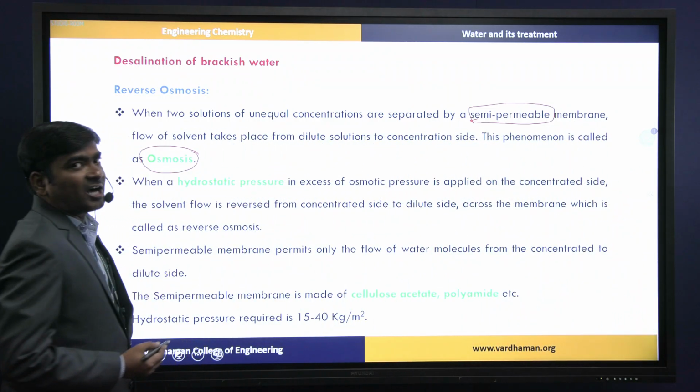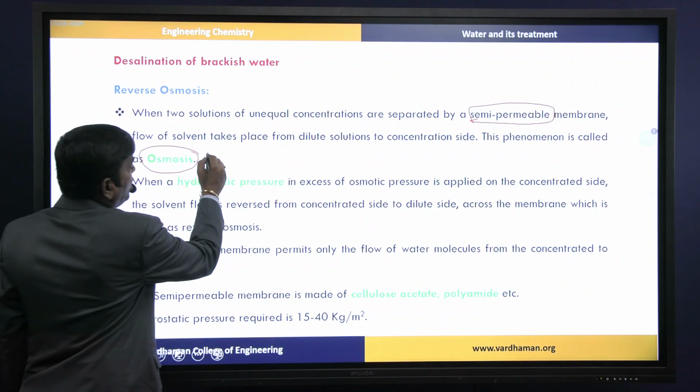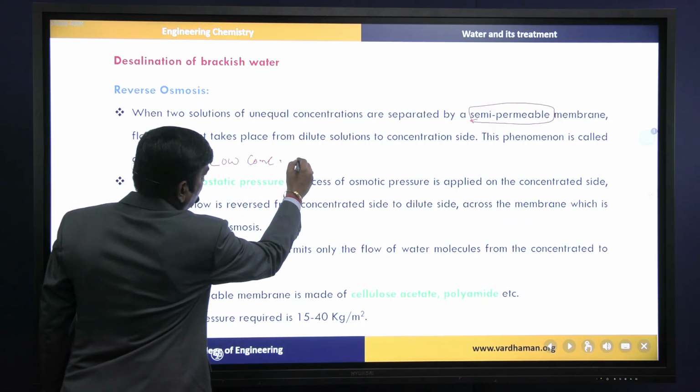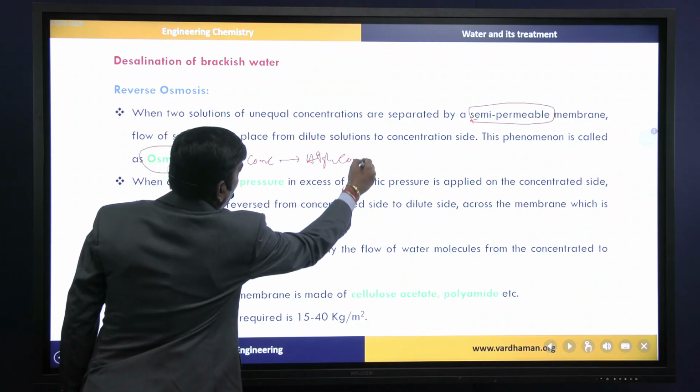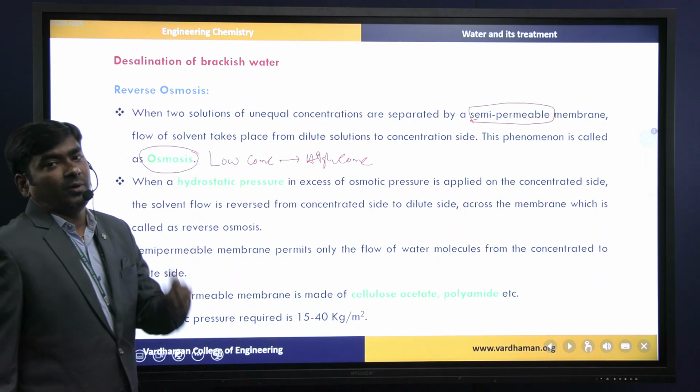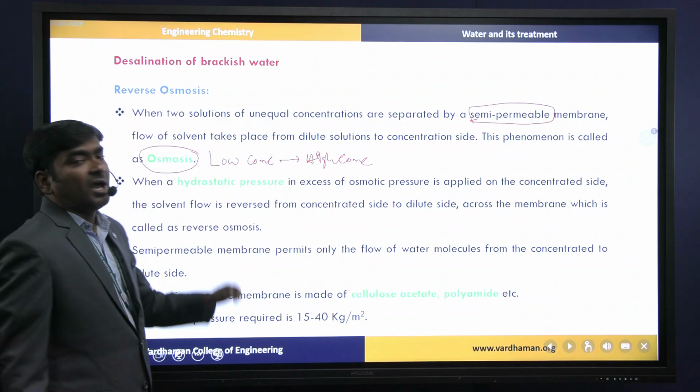That is called osmosis. So what is osmosis here? Movement of solvent from low concentration to high concentration, and movement of what? Solvent. That is called osmosis.